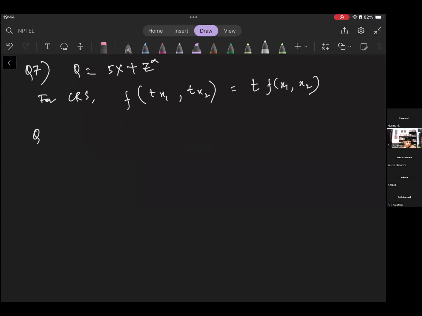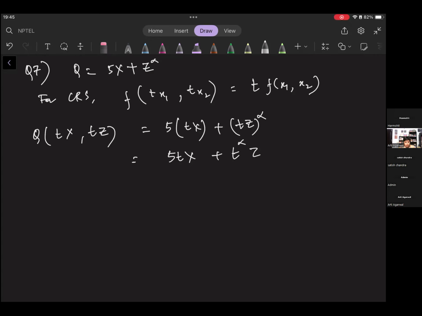We can write q as a function of tx comma tz, is equal to, replacing x by tx, 5tx plus tz to the power of alpha. So 5tx plus t to the alpha and z to the alpha.